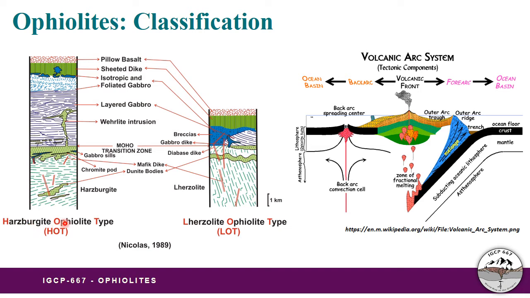Besides, ophiolite studies of the modern subduction zone environment in the Western Pacific have provided important constraints for ophiolite formation by seafloor spreading in forearc and backarc settings in the suprasubduction zone environment.